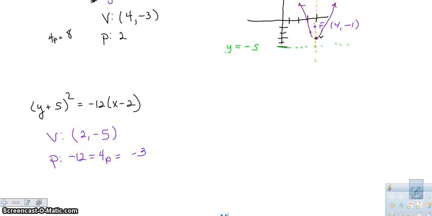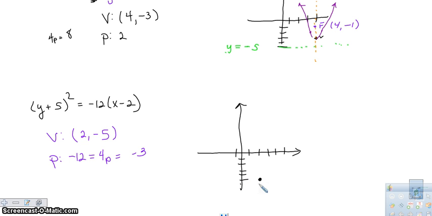All right, and then I'm going to graph. I'm drawing on my Mobi, so my graph lines are not very straight. So I'm at 2, negative 5. All right, so 2, negative 5, 1, 2, 3, 4, 5, right there.